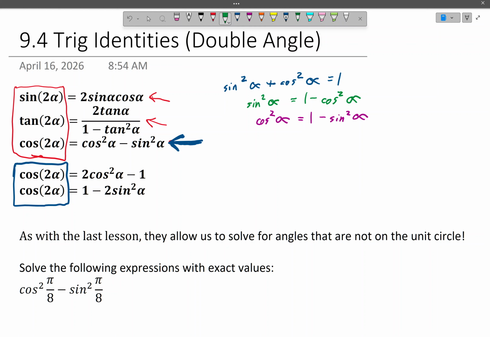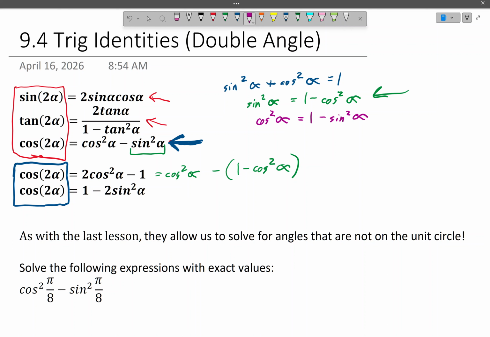And so if we plug in, instead of writing sine, this green equation, then what we get is cos squared alpha minus the sine, but the sine is 1 minus cos squared alpha. And if you multiply that out, you get that statement because there's two positive cos squared alphas and a minus 1.